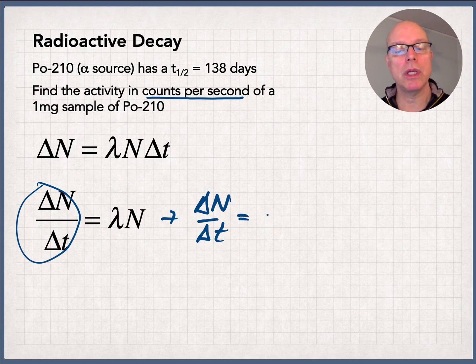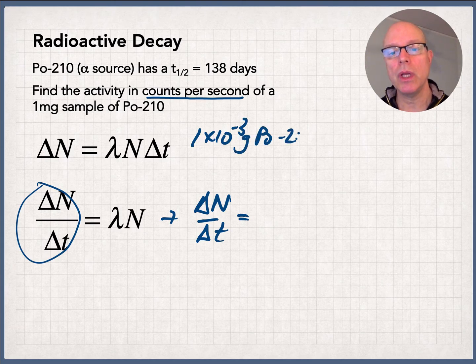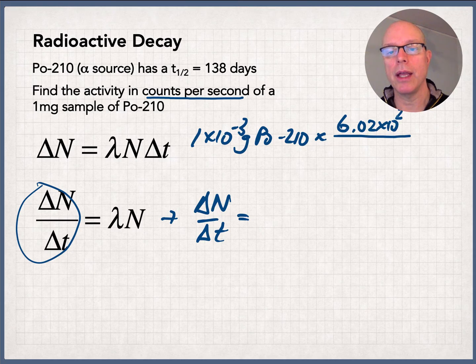And it simply is going to equal lambda, the number I figured out, times N, the number of nuclei. Okay, so what I have to do first then is to take 1 milligram, 1 times 10 to the minus 3 grams of polonium-210, and turn that into nuclei. So what I do, same thing every time, is I reach back into the vault of chemistry knowledge and I remember that there's an Avogadro's number of everything in a mole.